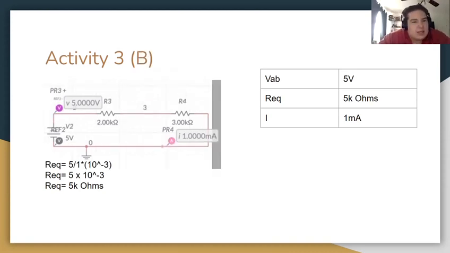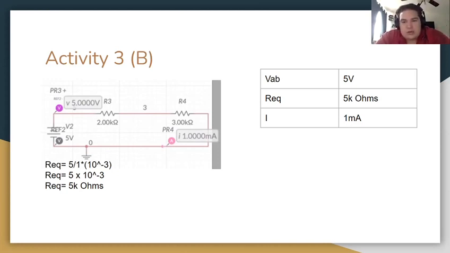And in scenario B, you can see the values of each resistor are different, but the values of the total voltage and the resistance are basically the same: 5 volts, the total voltage.